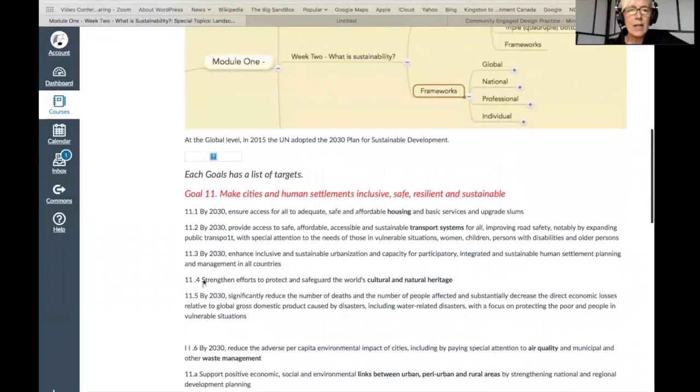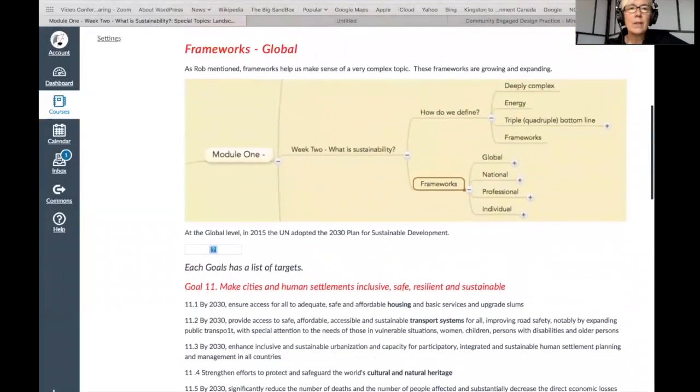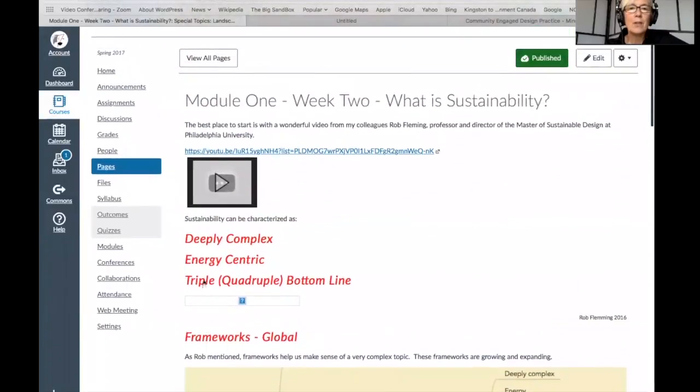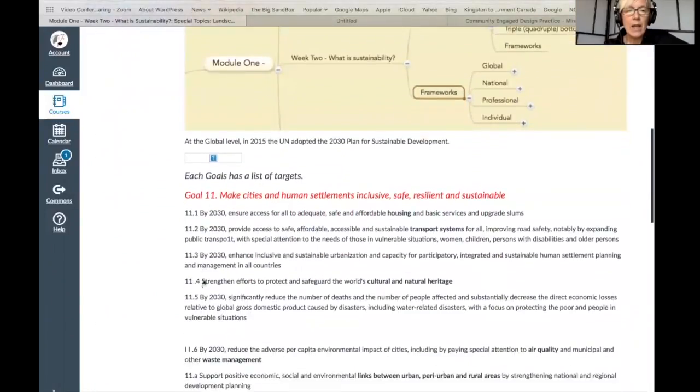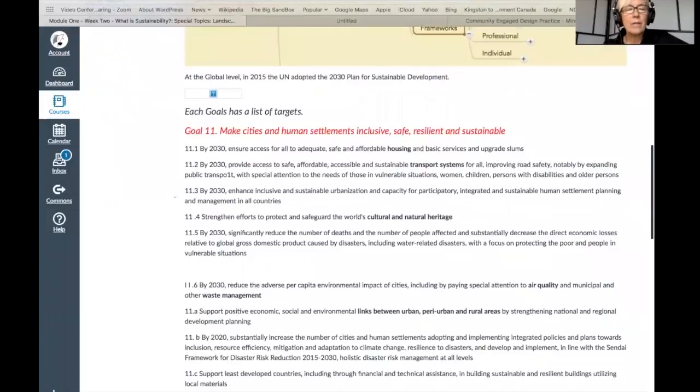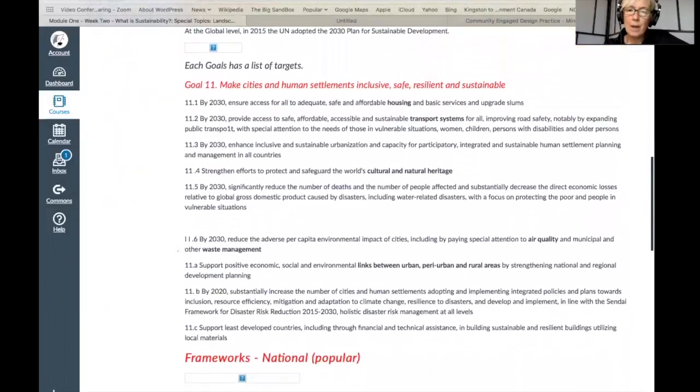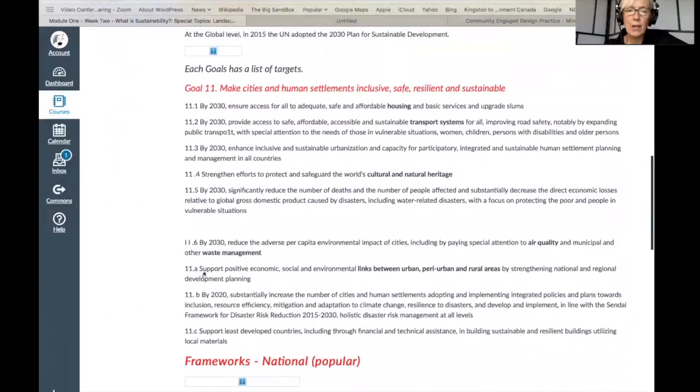This is our first page on Module 1, Week 2. I've added in their statements around that goal, their targets for what they're trying to do by 2030. Read them, take a look at them.